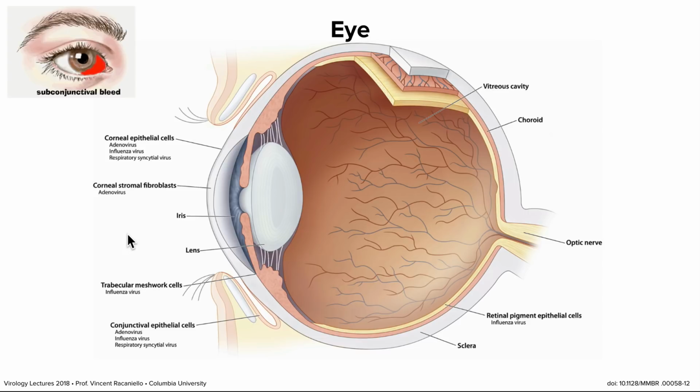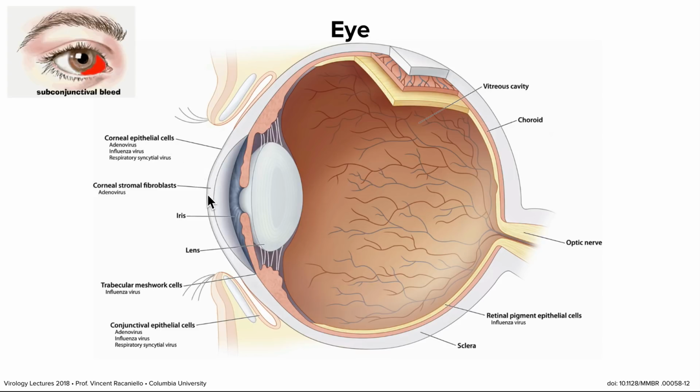But it turns out that viruses can infect certain parts of the eyes. For example, the conjunctival epithelial cells, the epithelium that lines the surface of the eyeball, can be infected by a variety of viruses. You can see the cornea and the corneal epithelial cells can also be infected.